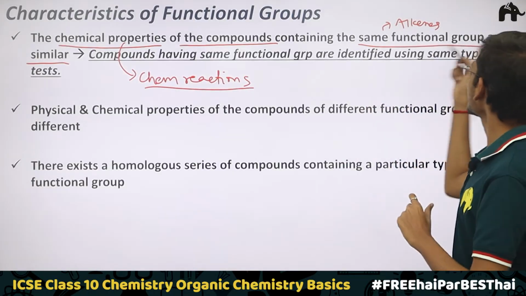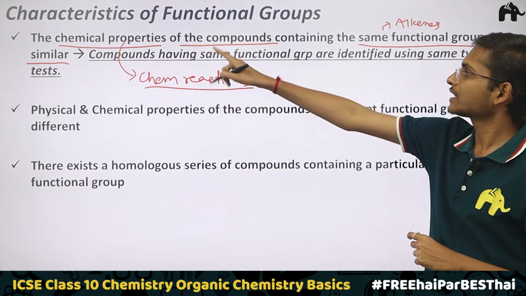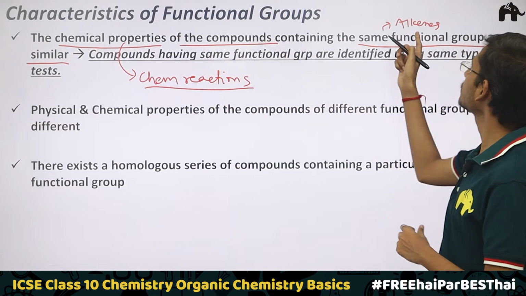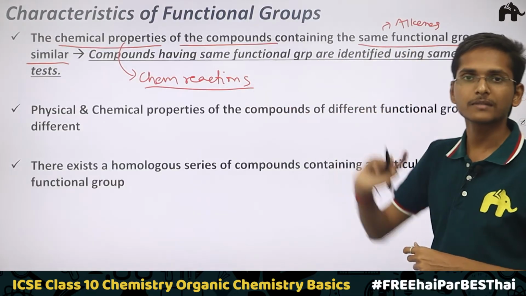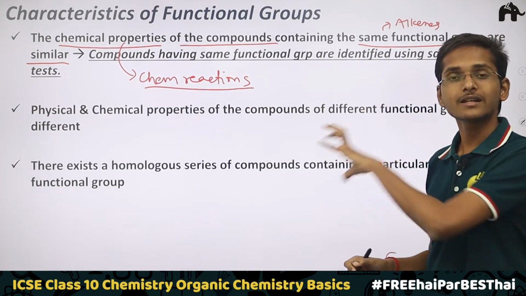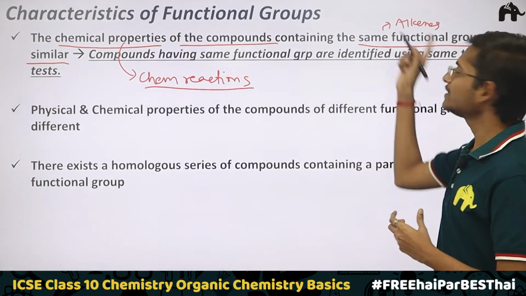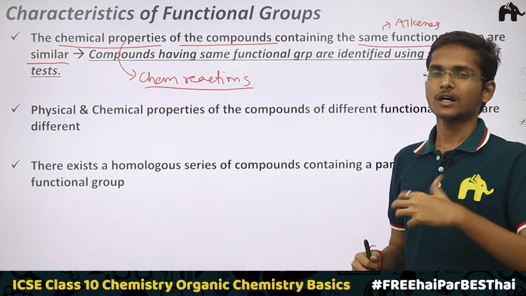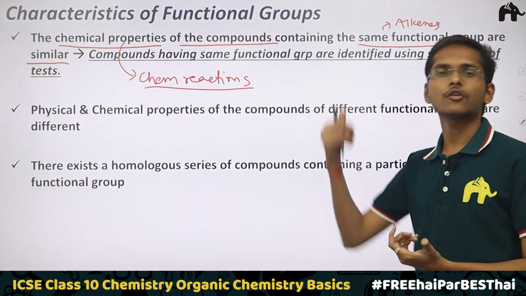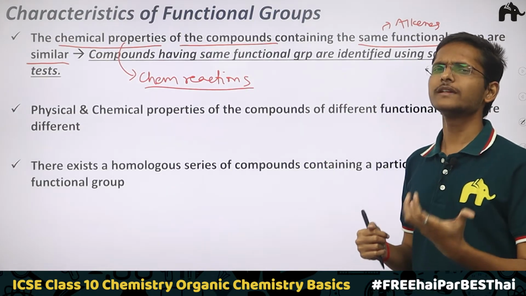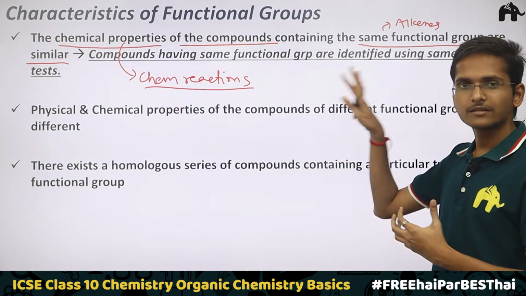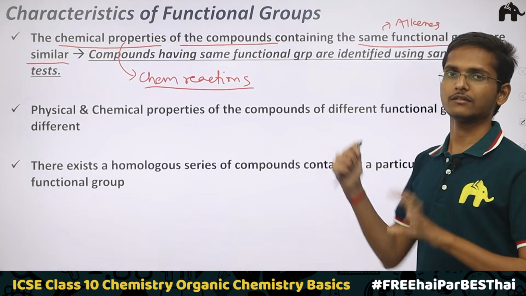What is said is that the chemical properties of such compounds are similar, which means the chemical reactions shown by alkenes are similar. All the alkenes show similar chemical reactions. The addition reaction shown by the alkenes is similar for all the alkenes. We will learn that in detail, don't worry about it.